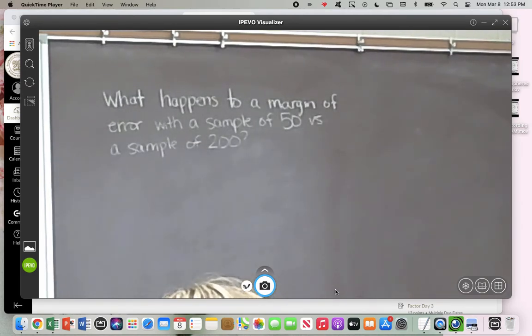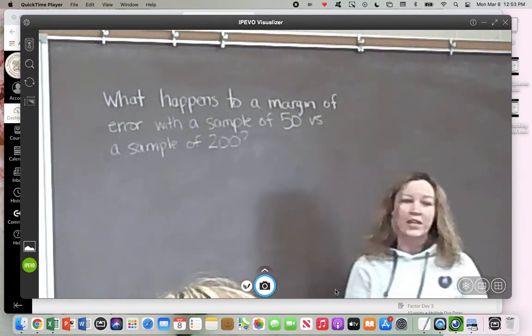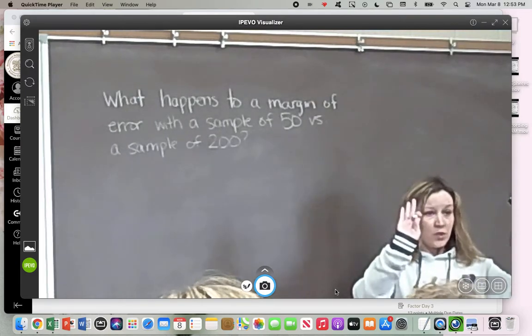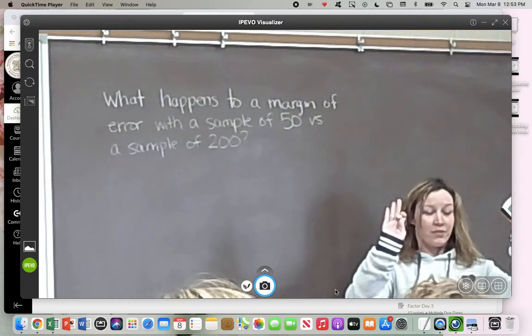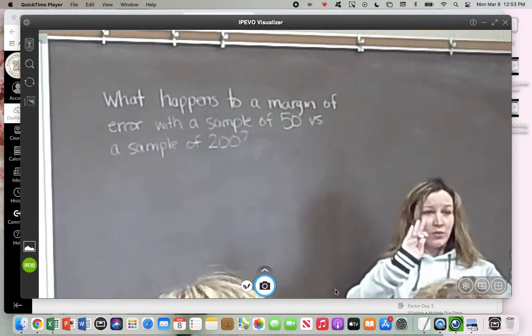So on this one, it says, what happens to a margin of error with a sample size of 50 versus a sample size of 200? All right, so if I do the margin of error, same information, just a different sample size. Does the z number really have anything to do with it?